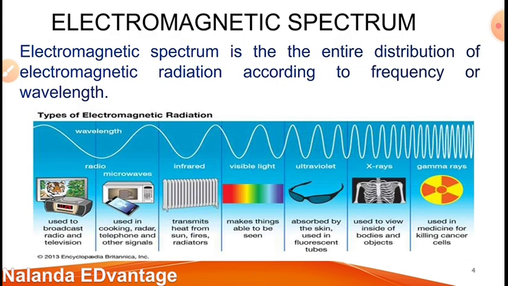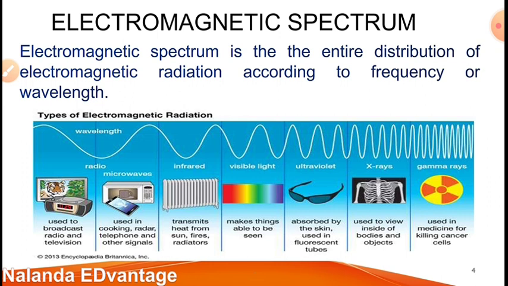Now, as I told earlier, light is a part of radiation belonging to the electromagnetic spectrum. As you can see in this figure, these are the types of electromagnetic radiation ranging from radio waves, microwaves, infrared, visible light, ultraviolet, X-rays and gamma rays.